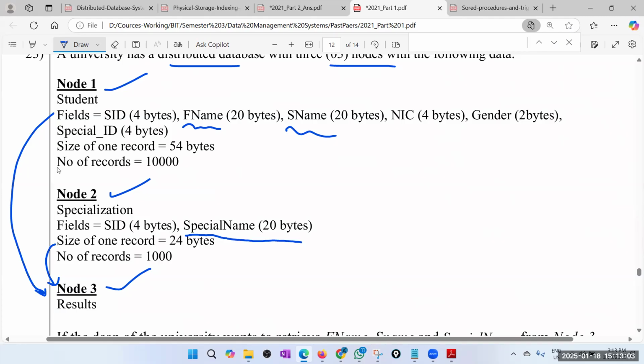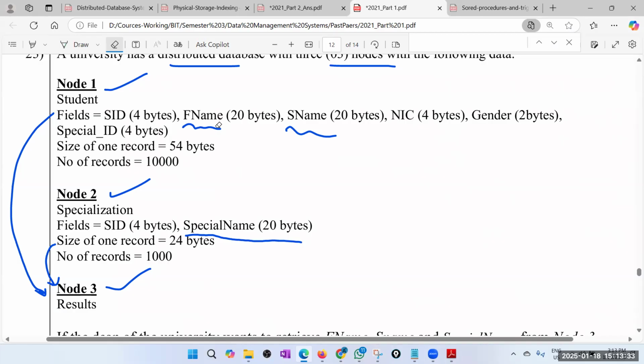But there is no big advantage in doing that, because there is no sigma. So I'll take this from here to here, but only the minimum fields, because I'm going to do the join here. I join here. Okay.